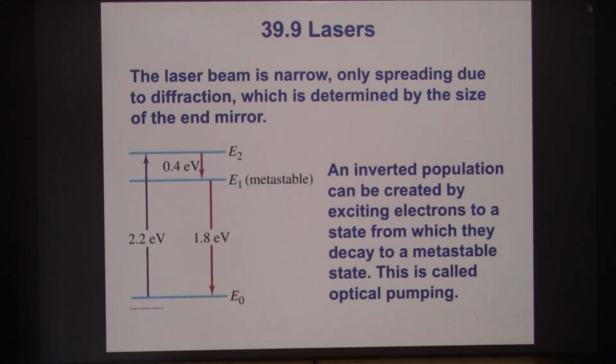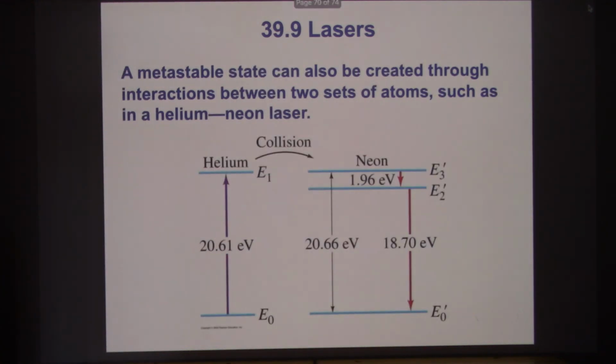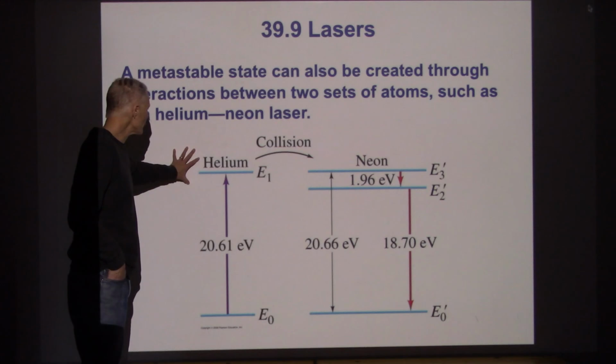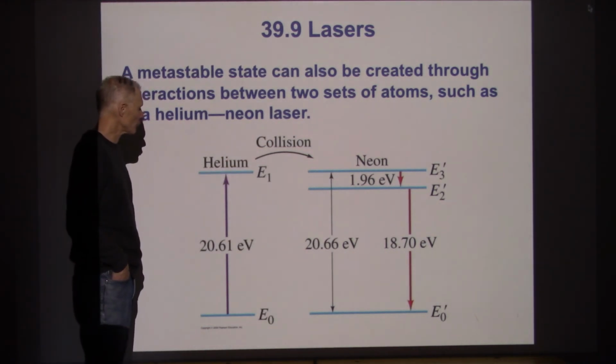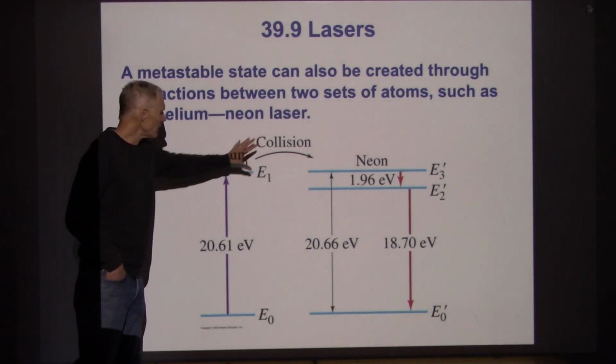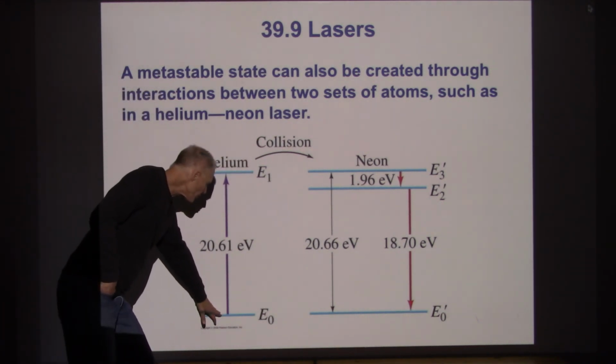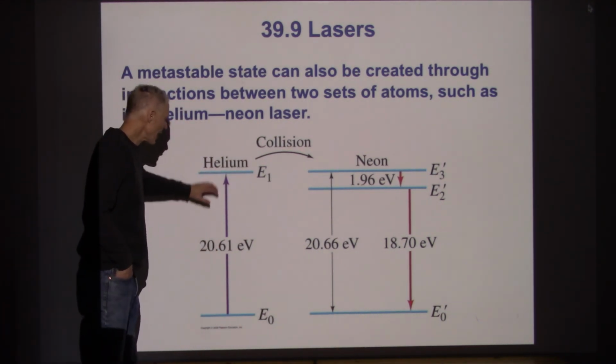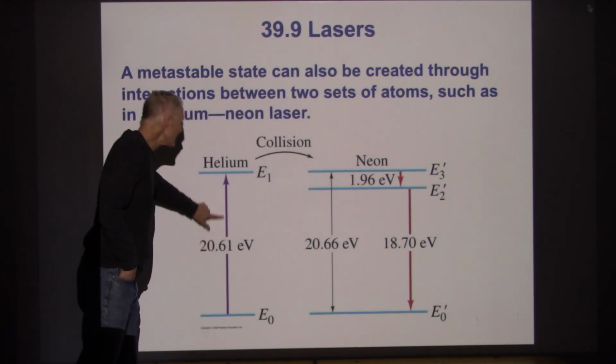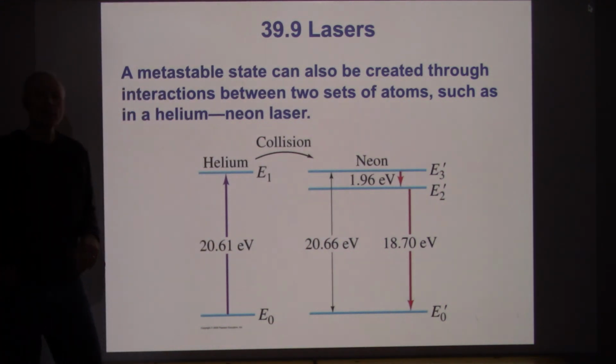There's a couple of other examples of lasers here. This is one that in lab, the lasers that we've been working with are helium neon lasers. In the helium neon laser, we first of all send in photons that move electrons in helium into an excited state.